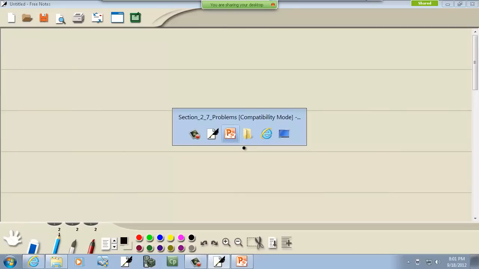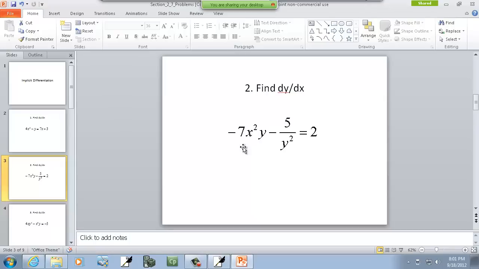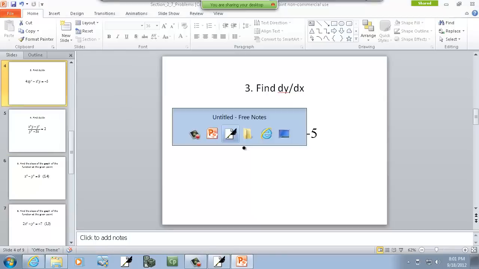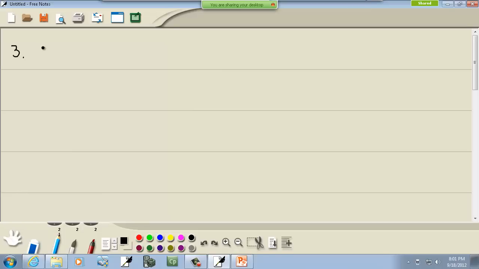And let's look at our next problem. We have 4x y to the fourth minus x to the third y equals negative 5.